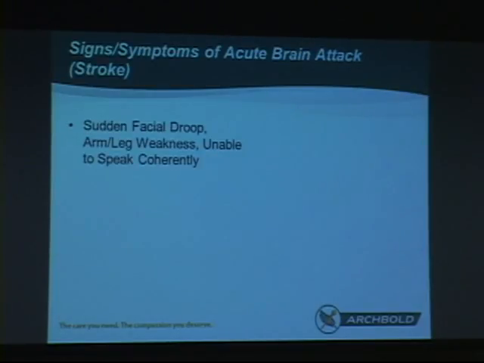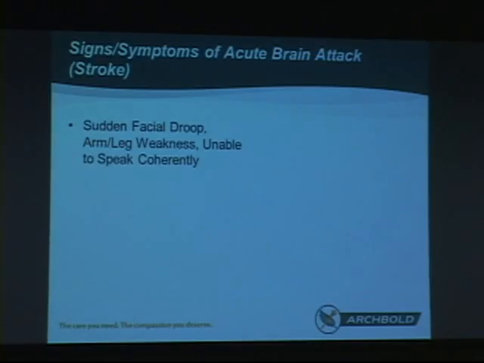All right? The first thing is sudden facial droop. You see one side or the other side of the face that is lagging compared to the other side. Okay? Sudden arm or leg weakness, and that could start out as numbness, but then it becomes weak.